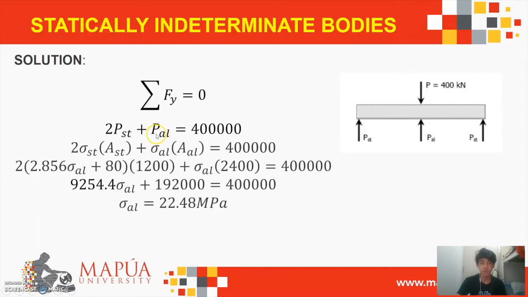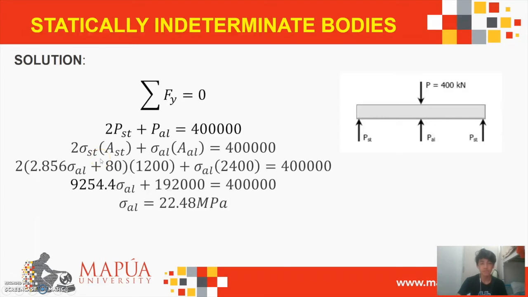Stress has an equation of force over area. We can use this force over area and substitute the equation for the force, which is stress times area. Substituting this formula, we will have 2 times stress times the area plus stress of the aluminum times area equals 400,000.